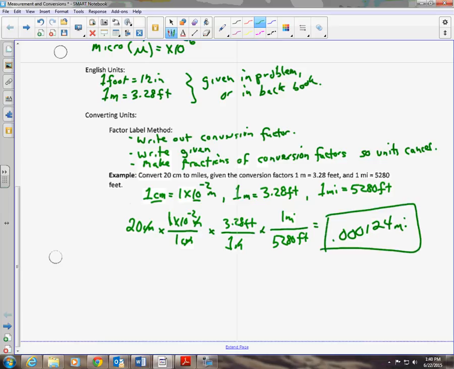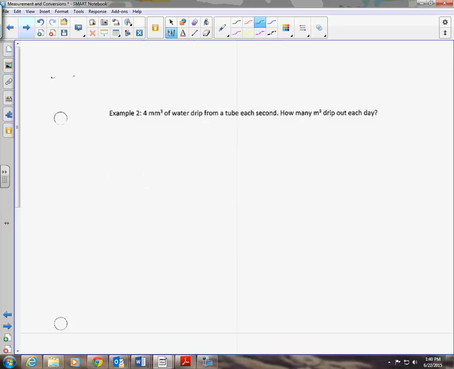On the top of the next page, we have another example. 4 millimeters cubed of water drip from a tube each second. How many meters cubed drip out each day? So we have to get from millimeters cubed to meters cubed. I'm going to say 1 millimeter is 1 times 10 to the minus 3 meters.